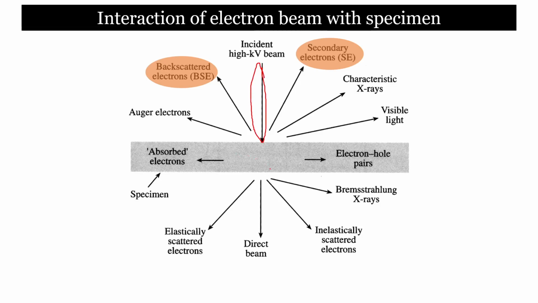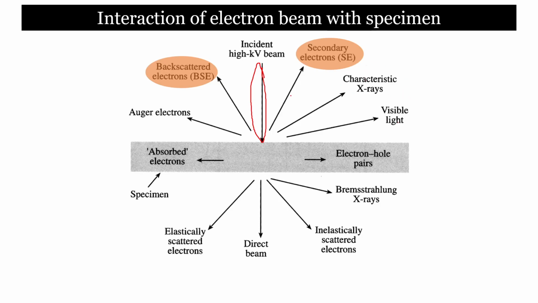When it falls on the specimen, it will produce various kinds of signals. A certain amount of electrons will be absorbed by the specimen, and it will generate electron hole pairs. It will also generate the reflected ones: the Auger electrons, the backscattered electrons, the secondary electrons, the characteristic X-rays, and visible light.